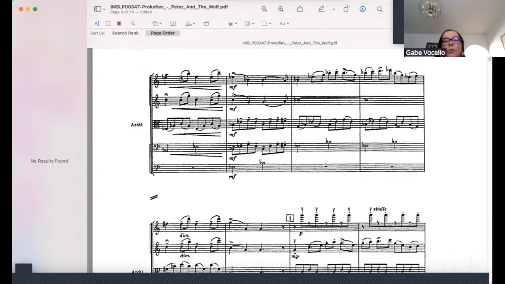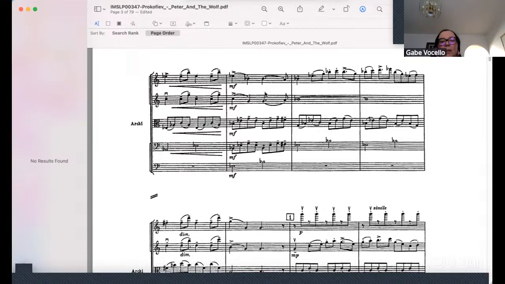So you have a tenuto here, and you hold until the end of the duration of that note. It's a dolce, it's a sweet note. You can taste, just joking.